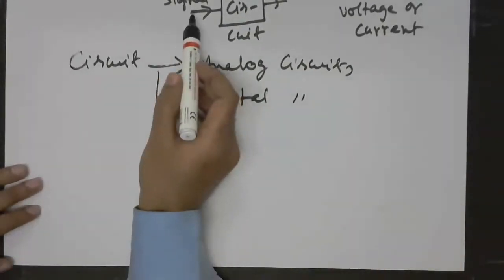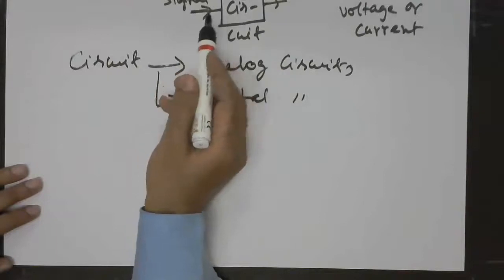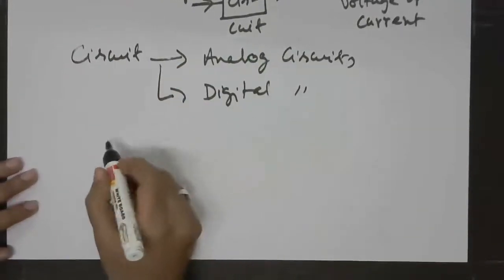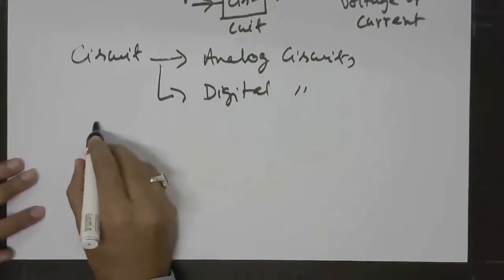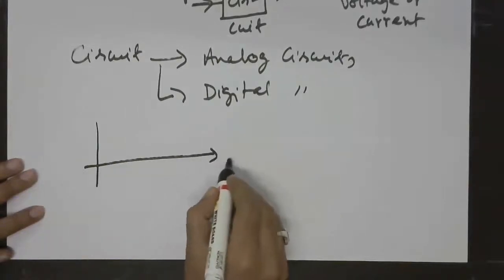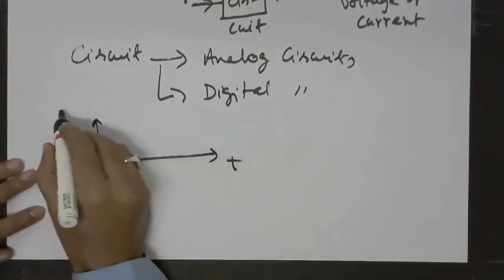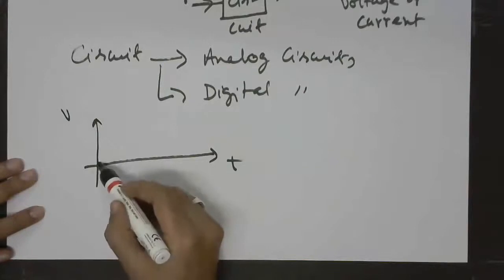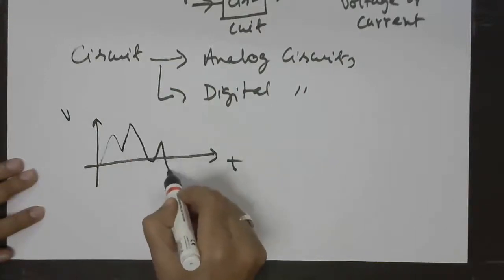So as I pointed out, the circuit will sense or take a signal which will typically be a time varying voltage. That means the x-axis is time and say the y-axis is volts. So typically the signal will be something like this.